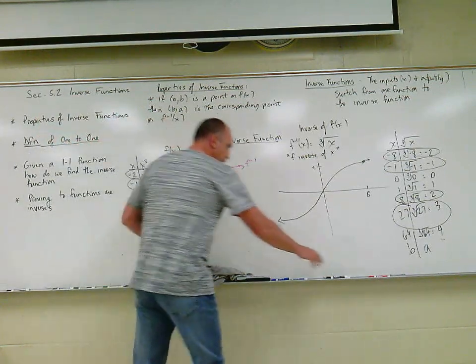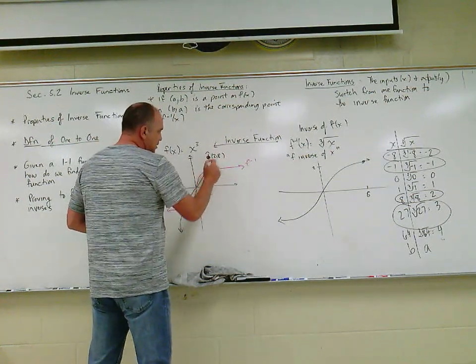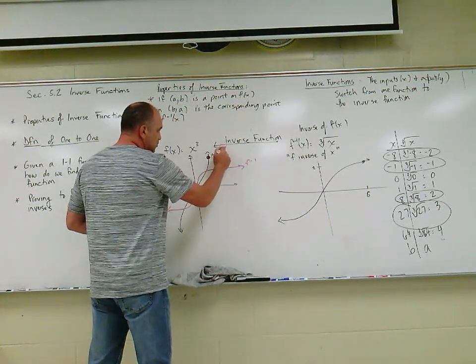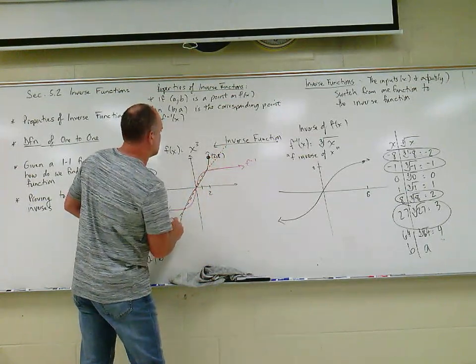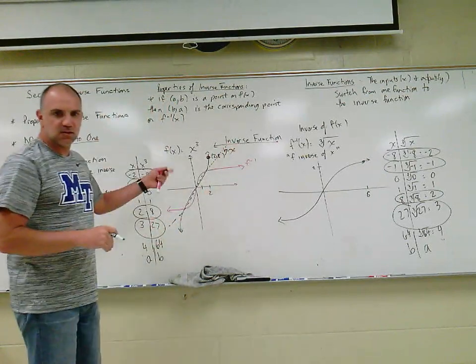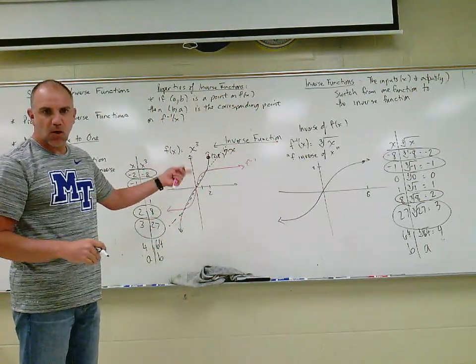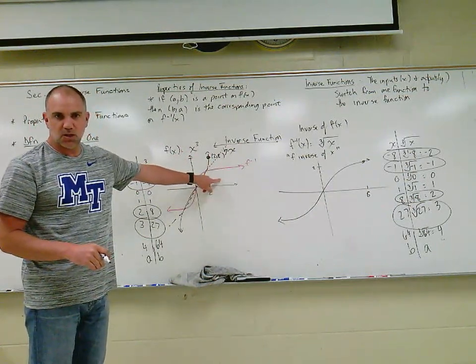And what it means now, when I'm saying the corresponding point, is that the line y equals x would go right through here. I didn't draw that the best. But if we could draw the line y equals x, these two graphs are flips about it. So if I flip about y equals x, I should get the other graph.